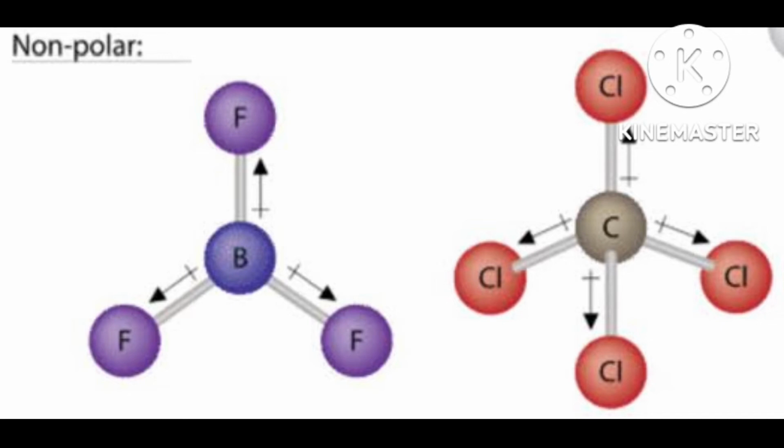Theoretically NF3 should have more, but actually it is less. Its value is 0.8 times 10 to the power minus 30 coulomb meter. Again a question is asked on this: why less? Then I am telling you the answer. This type of why question comes in IIT or higher examinations.